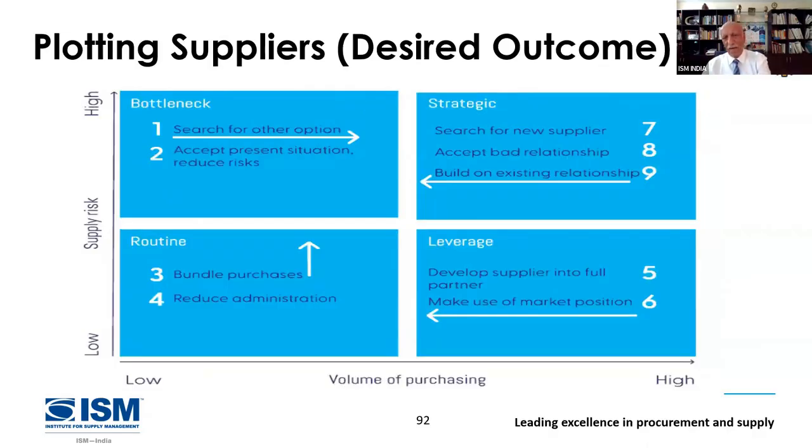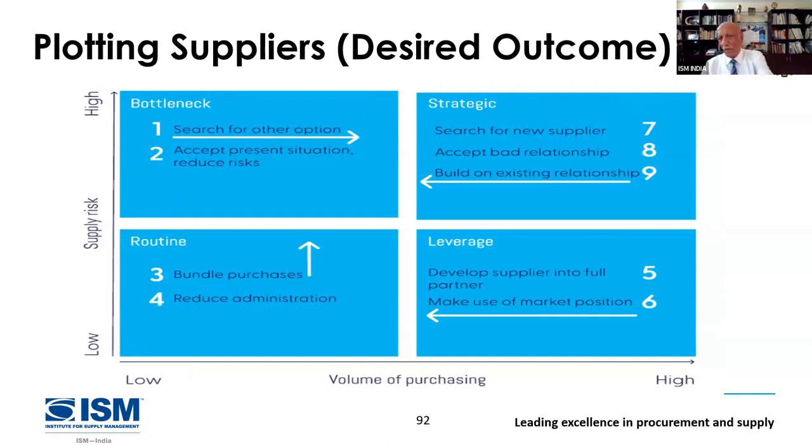Now the supplier comes into the volume of purchasing and suppliers. This is the one we developed long back, and I got software for it at that time. What we do is the 80-20 concept. 80% of my spend is here, strategic and leverage. 20% of my spend is here.